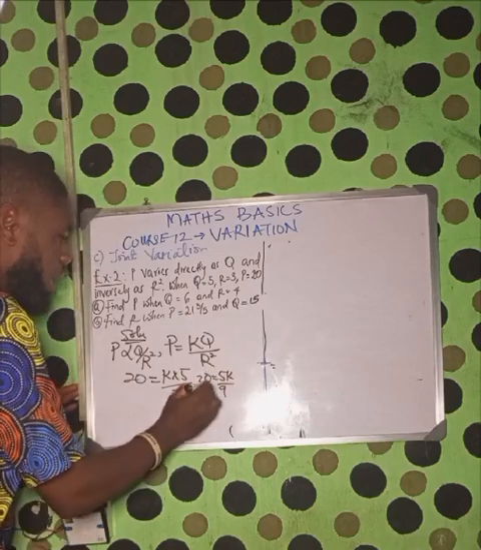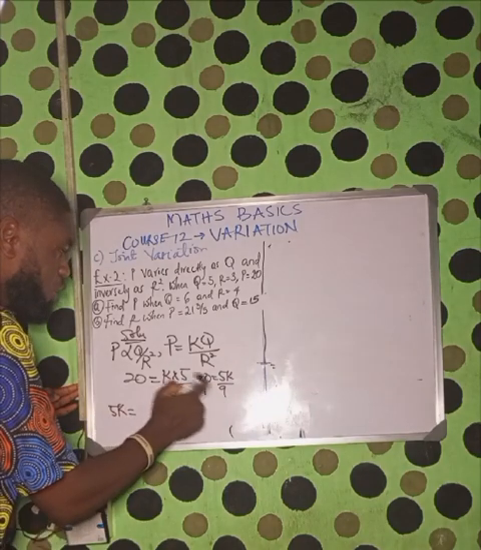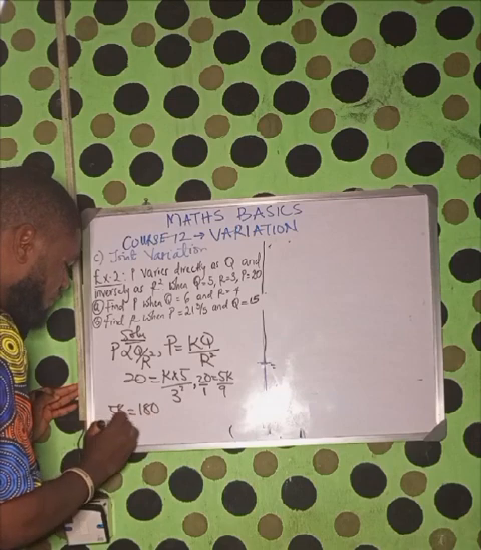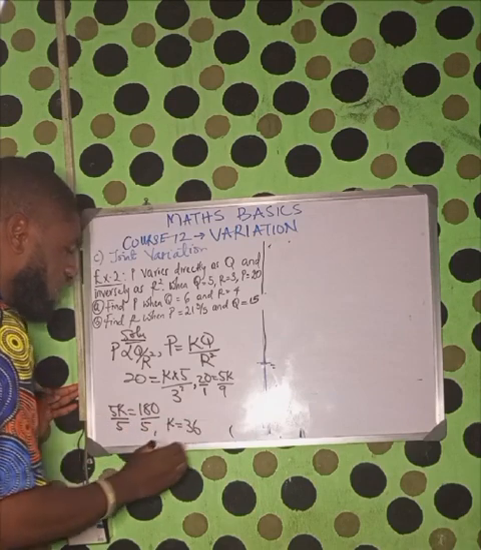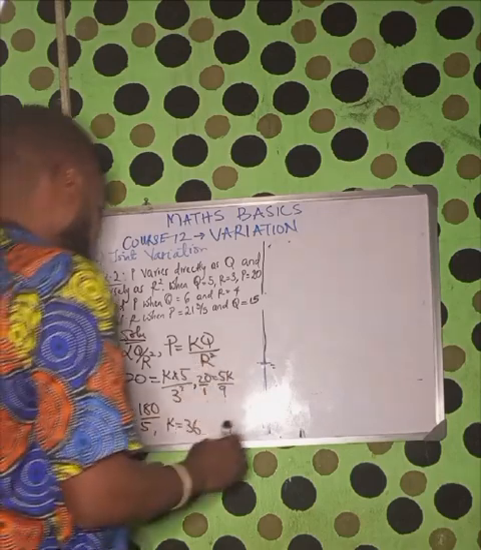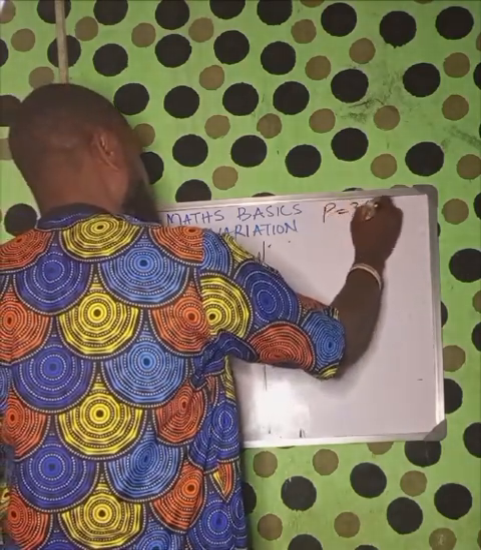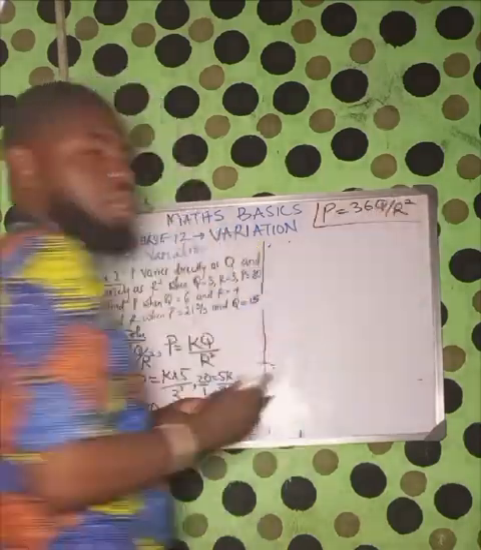I will cross multiply: I will have 5k times 1, which is 5k, and I'll have 20 times 9, which is 180. So I'll divide both sides by 5. My k is now equal to 36. My relationship now becomes P is equal to 36Q over R squared. Now this becomes my relationship.